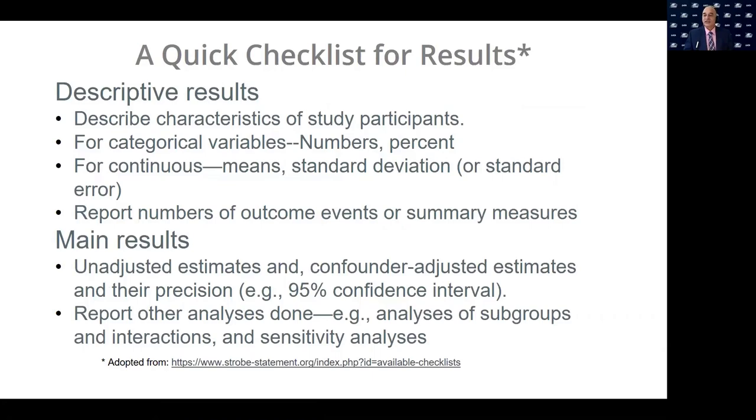Okay, so in the next couple of slides, actually three slides, I will talk about some quick checklists of results, and also some dos and don'ts. You should present your descriptive results, but that does not mean that you describe every detail or variable in the descriptive table. I've seen both extremes.